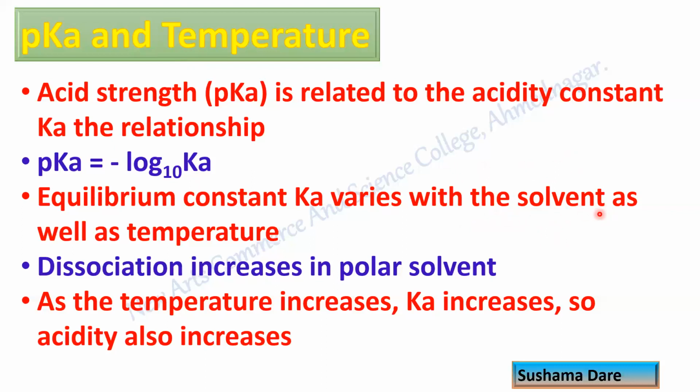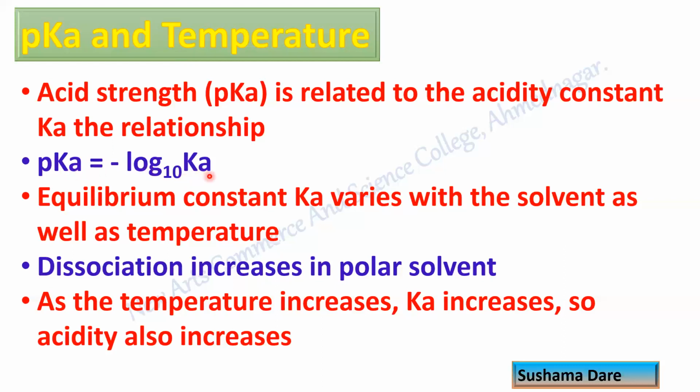The role of the polar solvent is to stabilize the conjugate base as well as the conjugate acid, so that because of this solvation, the rate of dissociation increases. As the rate of dissociation increases, automatically the dissociation constant also increases. So if you select the polar solvent, then the pK value also changes, as there is an inverse relation. As the dissociation constant increases, the pK value decreases.